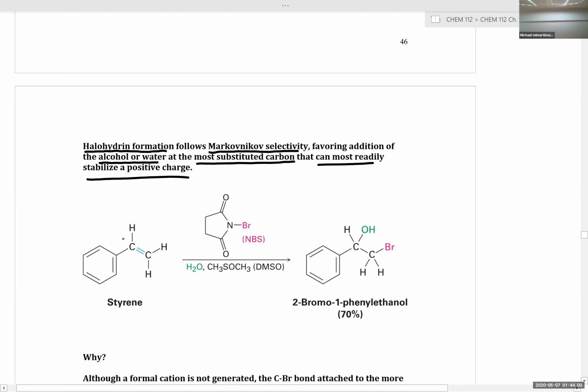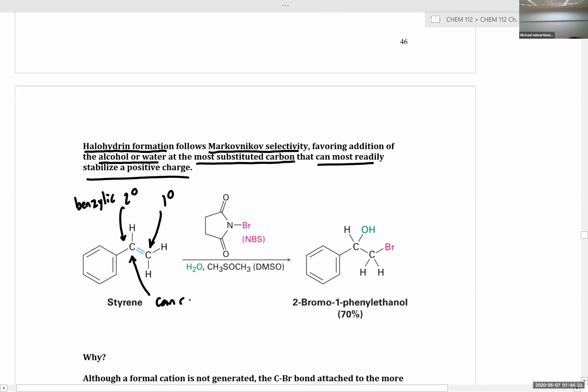So if we think about these two sites, a primary versus a secondary, which of these two sites, the primary or the secondary benzylic site, is more readily able to stabilize a carbocation? Which site is more likely to have a partial positive character? The benzylic site, yep.